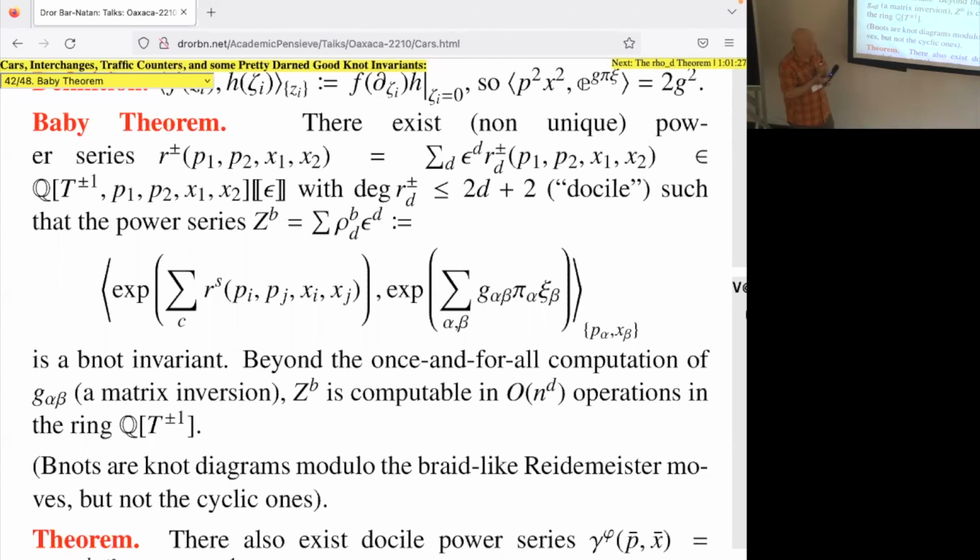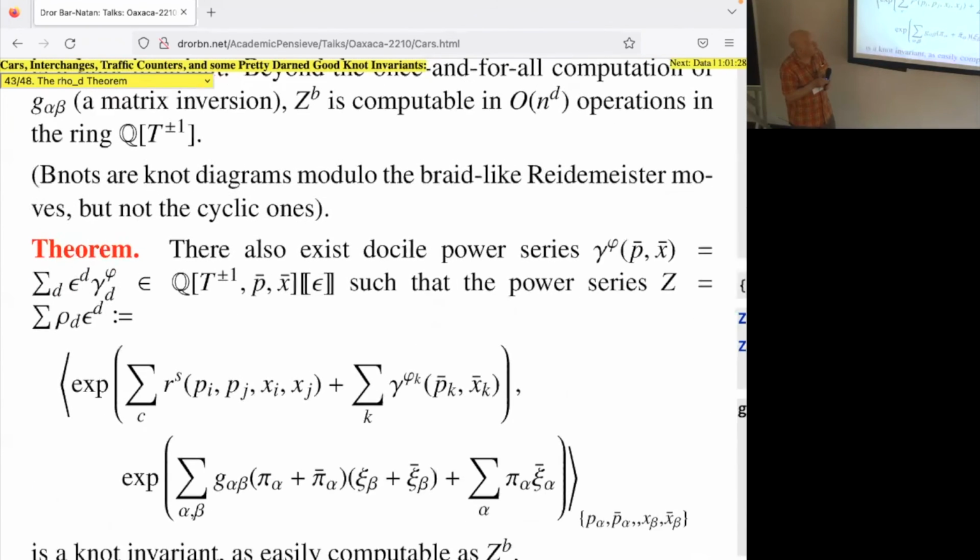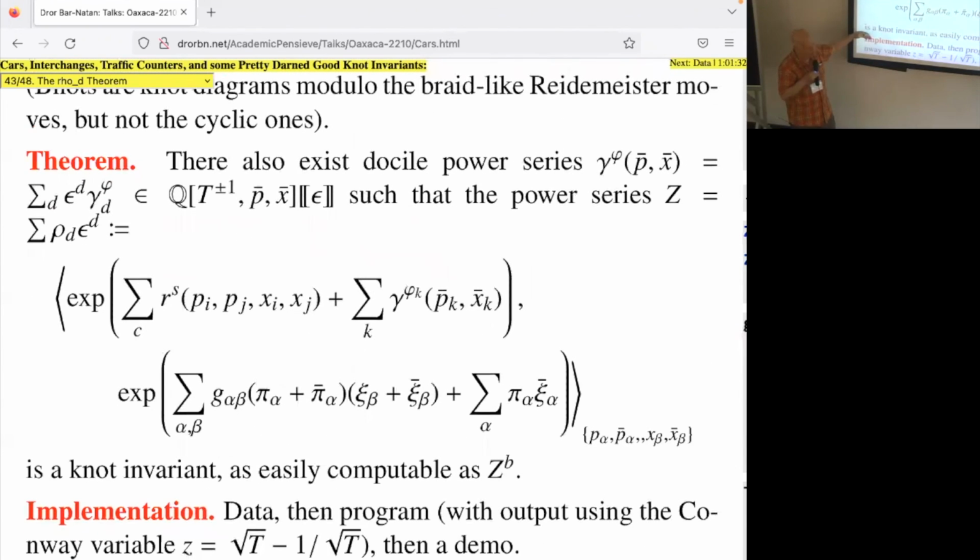Then you make it an invariant of full knots by adding some corrections and making things a little bit more complicated, though computationally it's the same. You add corrections for rotation numbers and things.